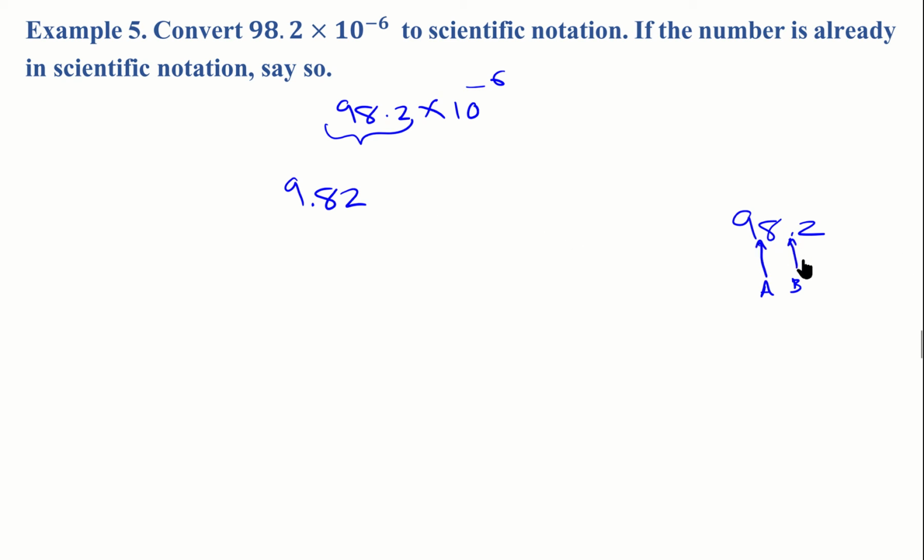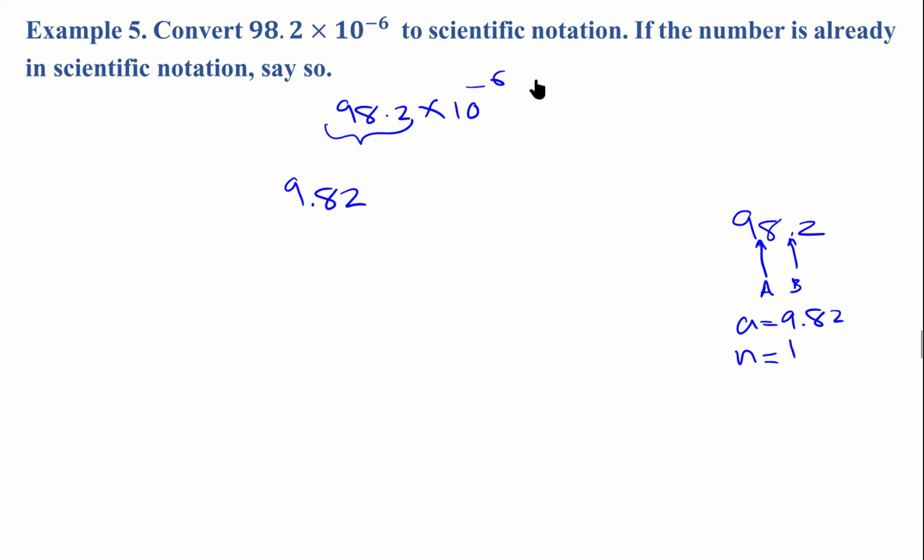So A is 9.82. And what is N? N is the number of digits you have to move to get from A to B. So how many places? To get from here to here, that's just one place, right? So N equals 1. So we're going to write 98.2 only. Leave this part alone.